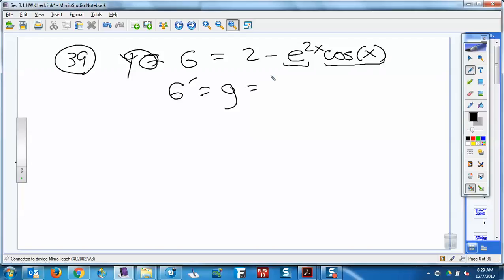So attach that negative as part of that first term, and like add the opposite kind of thing, and then you'll be better off. So the derivative of the first thing would be negative 2 e to the 2x, cosine left alone.